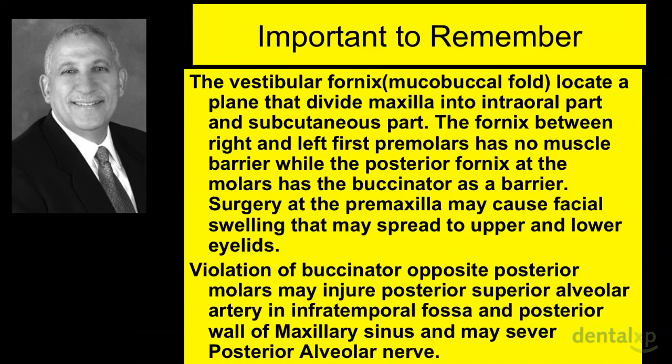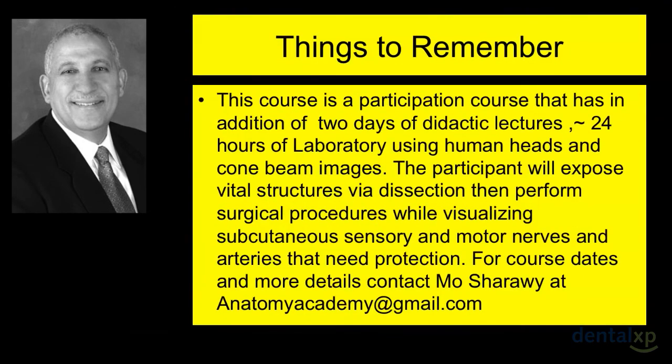Surgery at the premaxilla may cause facial swelling that may spread to the upper and lower eyelids. Violation of the buccinator opposite the posterior molars may injure the posterior superior alveolar artery and the infraorbital fossa and posterior wall of the maxillary sinus, and may sever the posterior alveolar nerve, which we need to avoid, obviously.